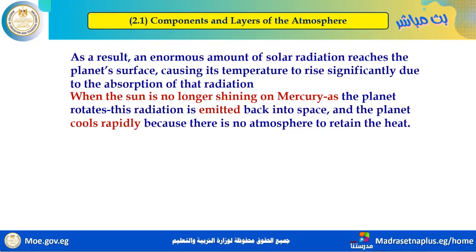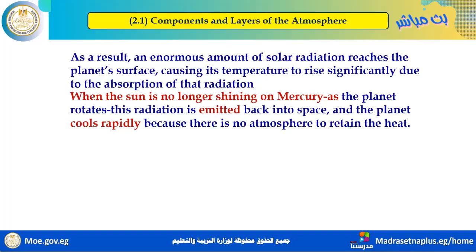Mercury has no atmosphere, so it absorbs a lot of solar radiation. If the sun doesn't shine on Mercury, as the planet rotates, the radiation goes back to space, and the planet cools rapidly. So it heats quickly and cools rapidly. The reason is that there is no atmosphere to retain the heat.